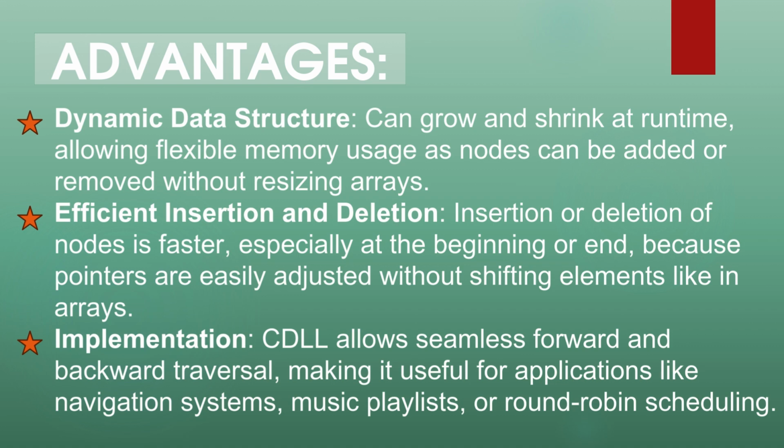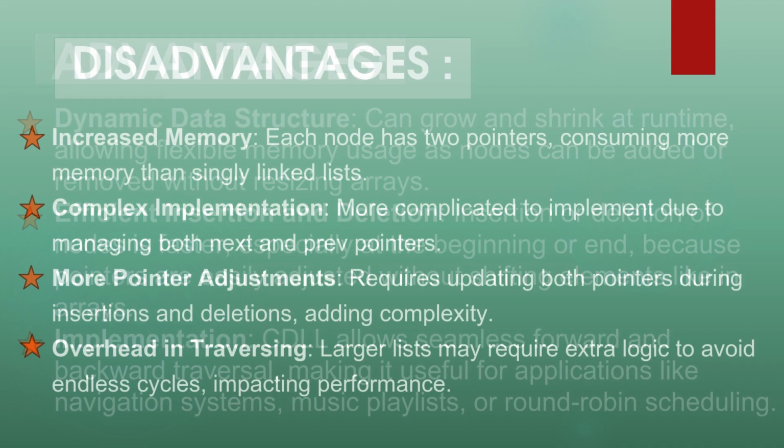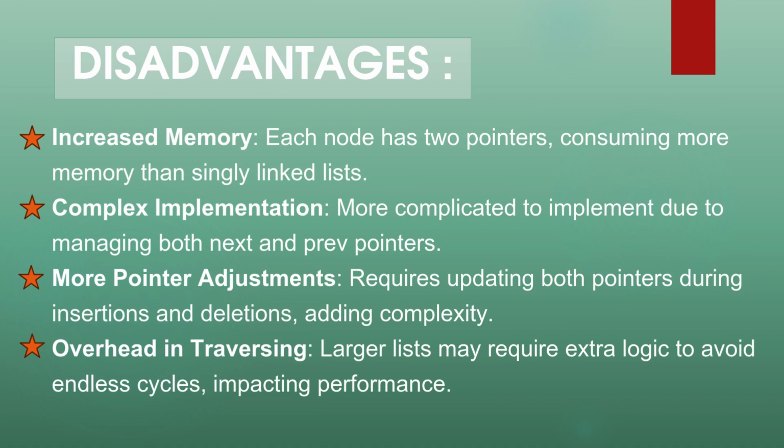Efficient insertion and deletion: insertion or deletion of a node is fast, especially at the beginning or end, because pointers are easily adjusted without shifting elements like in an array. Implementation: a circular doubly linked list allows both forward and backward traversal, making it useful for applications like navigation systems and music playlists.